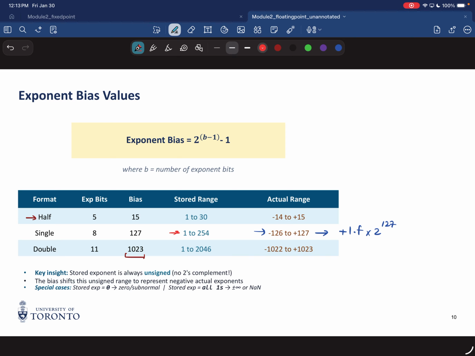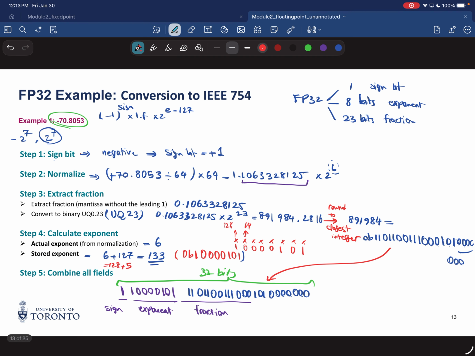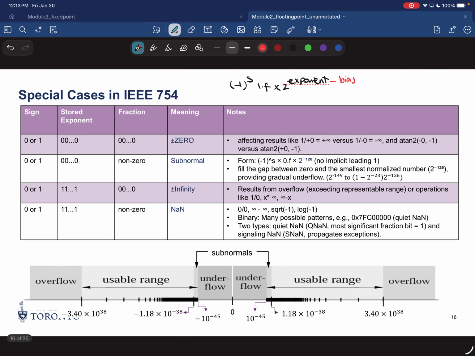For the 32-bit, which is 2 less than the 256 levels that you can have with 8 bits, because 0 and FF are reserved for special cases. So as soon as you see 0 or FF in the exponent, you shouldn't be treating it with this format. This format is no longer true for these special cases.